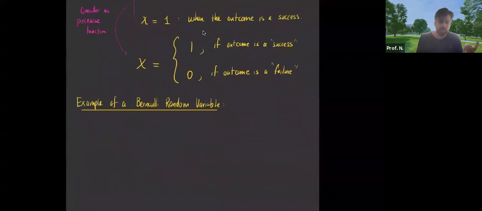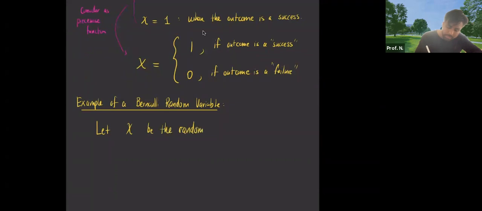That's really it. So we can say, hey, let x be the random variable for flipping a two-sided fair coin.